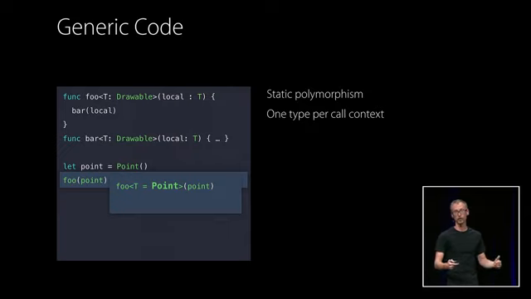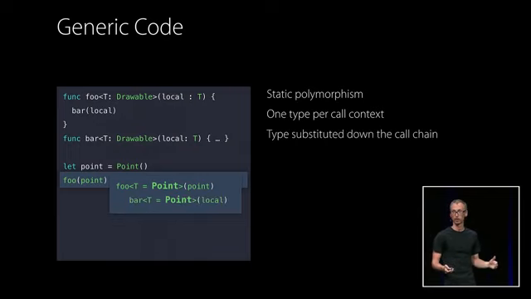When the function foo executes with this binding, and it gets to the function call of bar, the local variable has the type that was just bound, namely point. And so again, the generic parameter t in this call context is bound to the type point. As we can see, the type is substituted down the call chain along the parameters. This is what we mean by a more static form of polymorphism or parametric polymorphism.